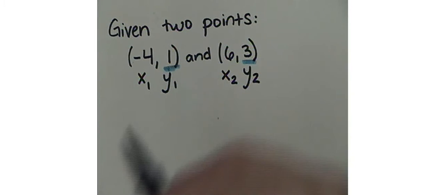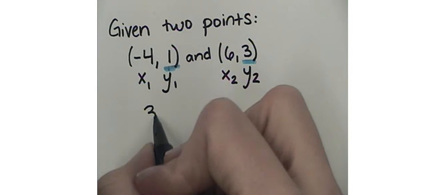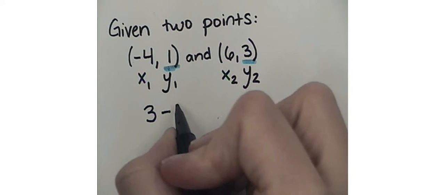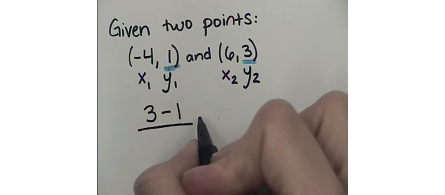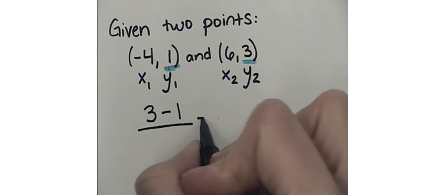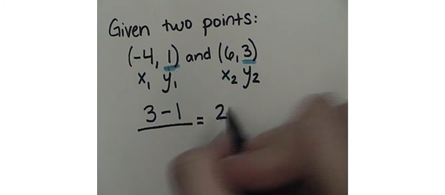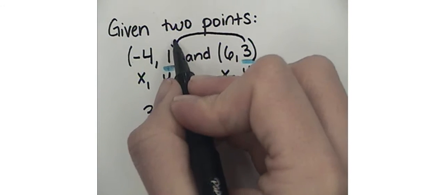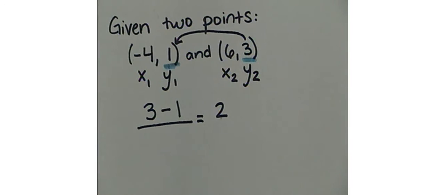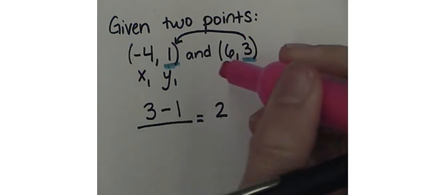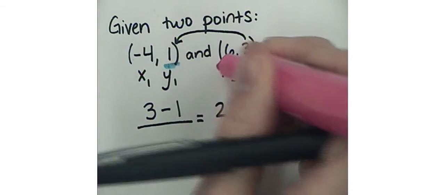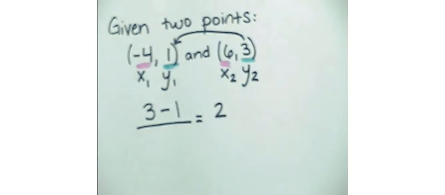So it's going to be 3 minus 1, which is what? 2 over, and then we're doing the 6 minus -4.